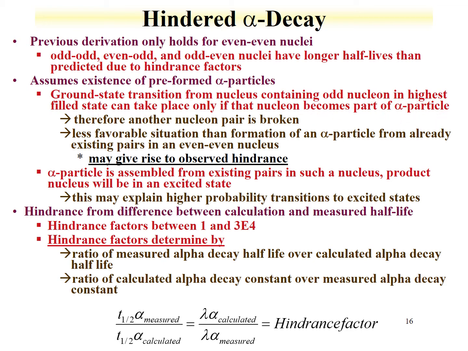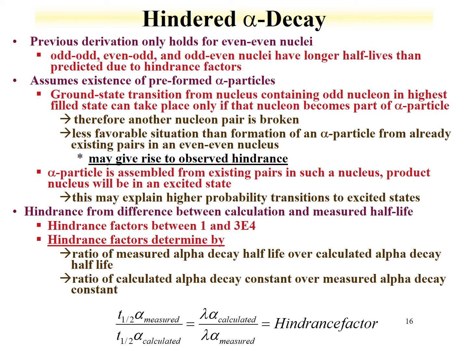So if I think about it, if I have an odd nucleon, that means that the highest energy nucleon in that nucleus is unpaired. In order for that to become part of the alpha particle that's emitted, a nucleon pair has to be broken. So this is a pretty unfavorable situation, because the alpha particles can already be formed from existing even pairs.